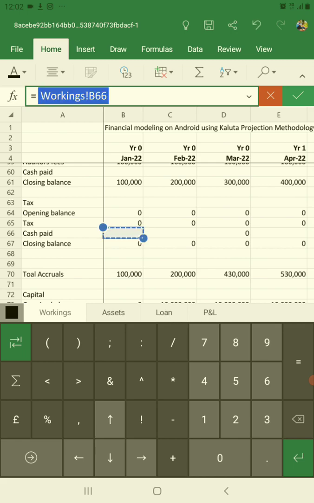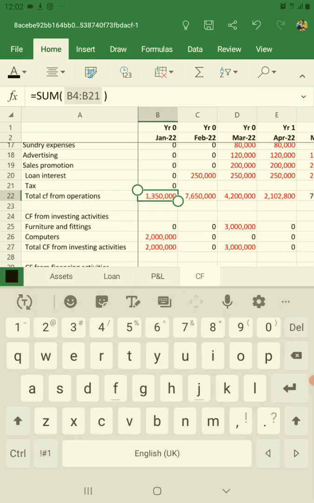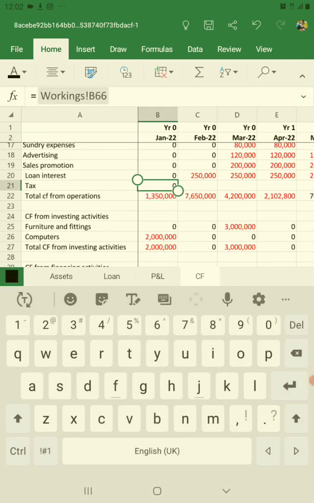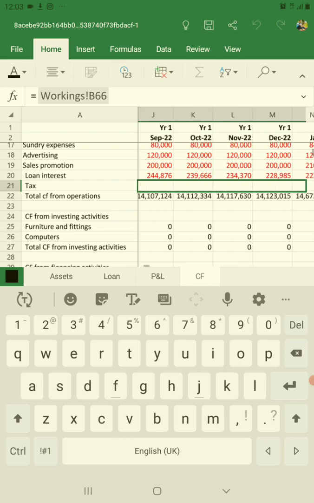Because the cash paid figures are negative, we don't need to start with a negative number in our formula. We simply pick it as it is. So we enter, and this formula is going to be true, so I fill this to the rest of our projection period.